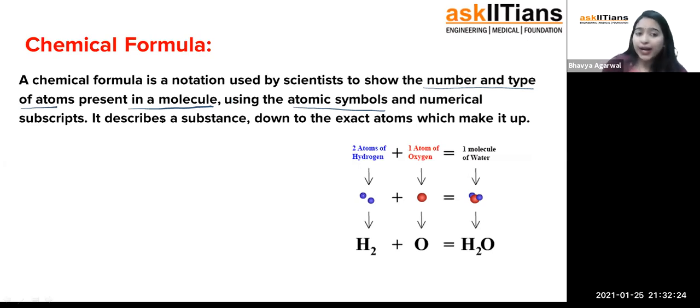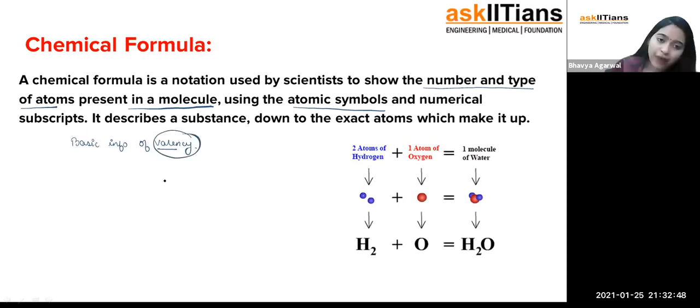So in order to write the chemical formula, we need to know the basic information of valency. So as I was discussing a minute ago, valence is found by knowing the valence electrons.